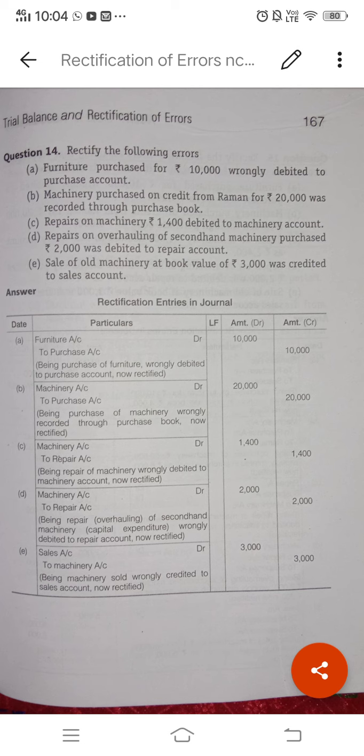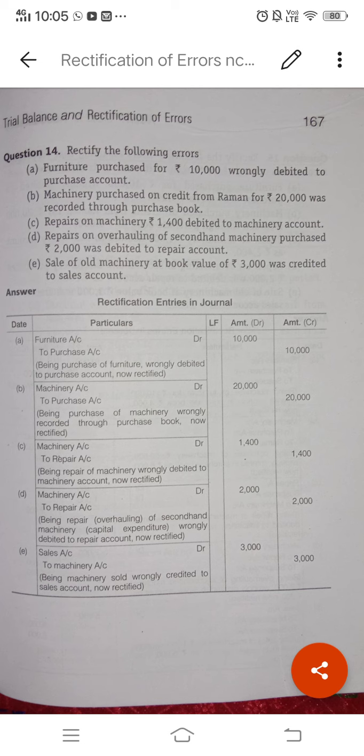In C, the repair is on machinery already installed in the company, and now certain expenses, named repair, are occurring. But see D, the repair expense is occurring at the time of purchasing the second hand machinery.